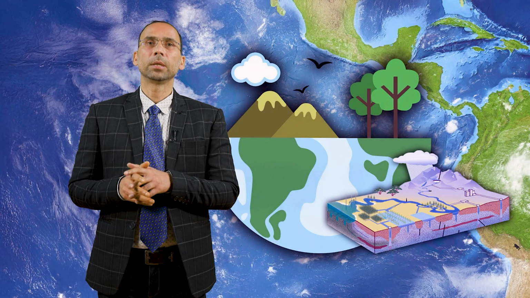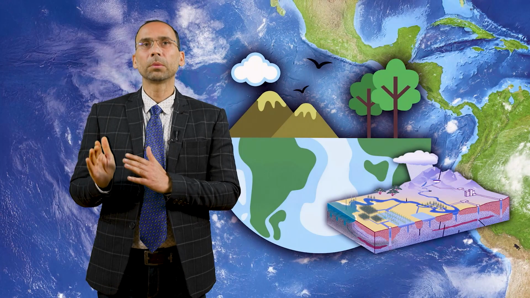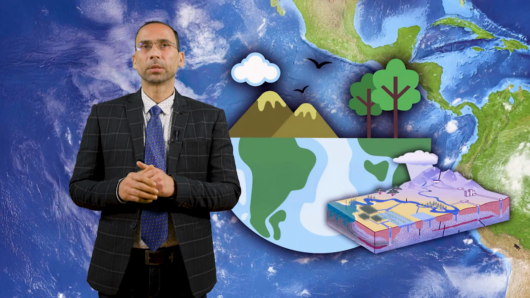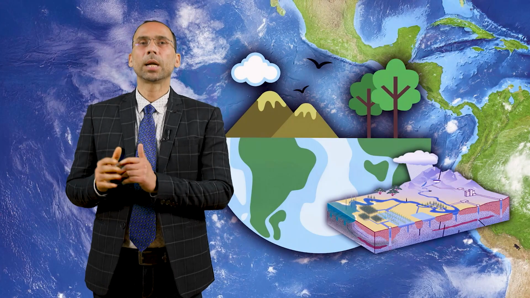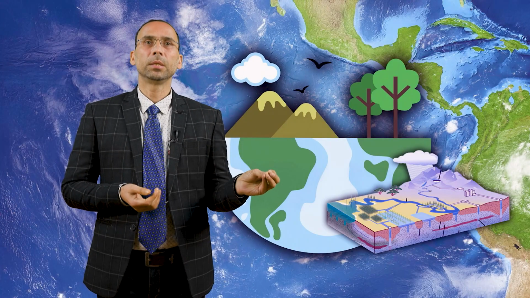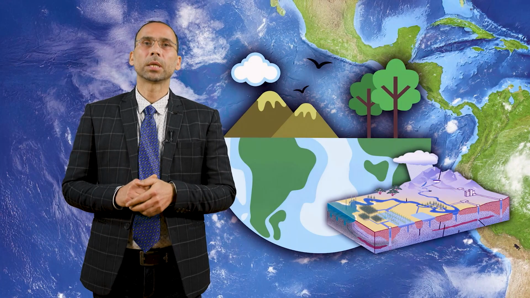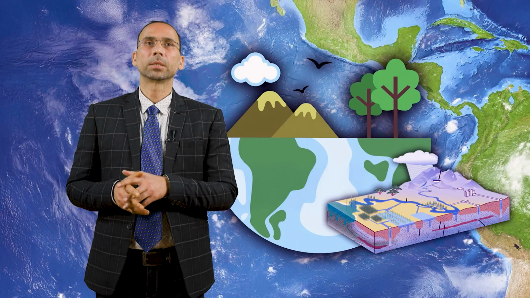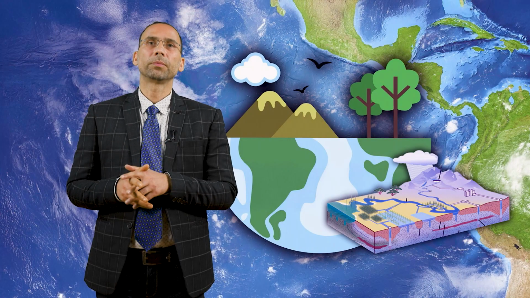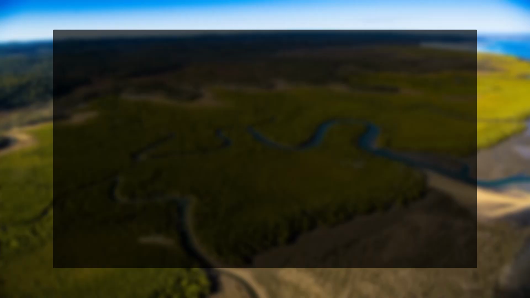The IMD defines the long period average precipitation as the mean rainfall between 1971 to 2020. The value for the country is approximately 1160 millimeter or 45.7 inches.